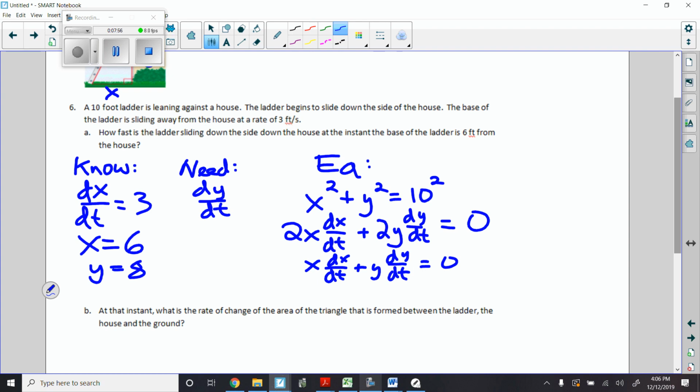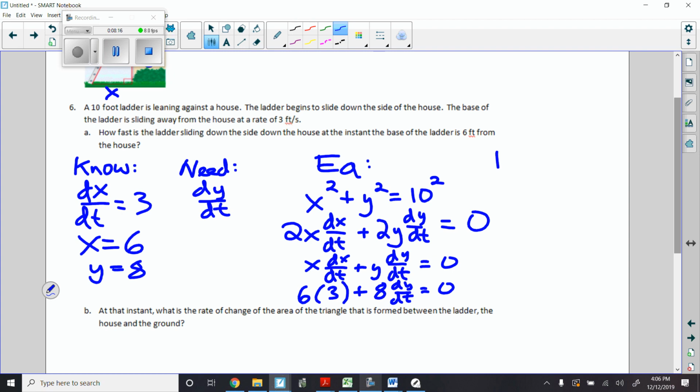I'm going to plug in everything and solve. So x is 6, dx/dt is 3, plus y is 8, dy/dt is what I need. So I'm going to go ahead and solve this.